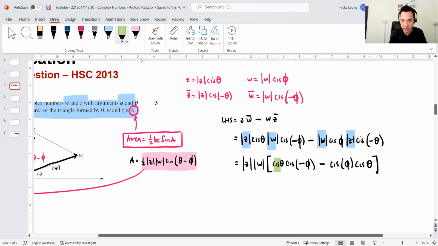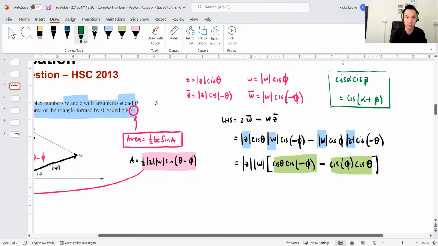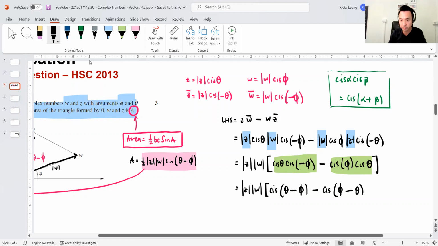Just remember, we know that cis of alpha times cis of beta, we can combine them by adding the angles. So using this premise, we're going to combine these two. That gives me cis, that plus that, so theta plus negative phi, minus cis phi minus theta.